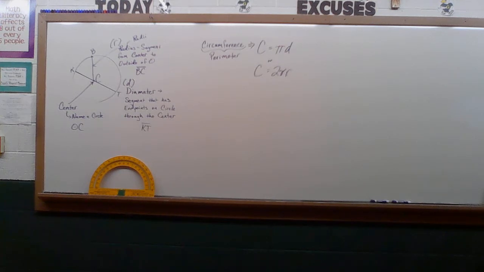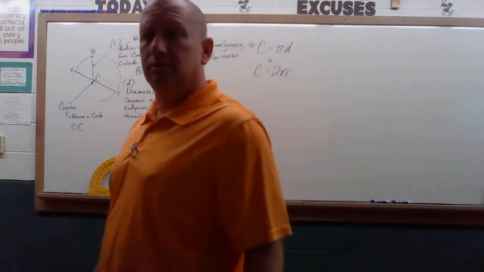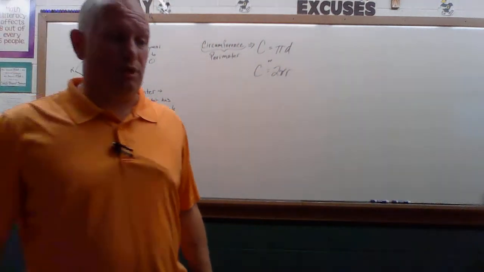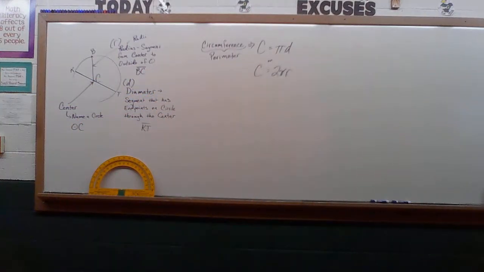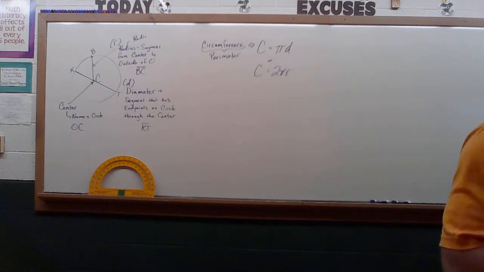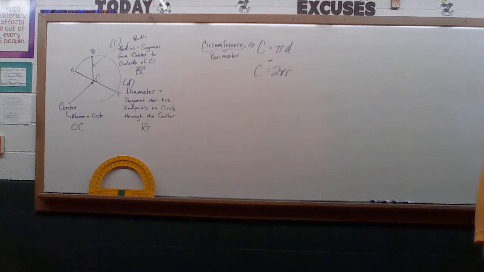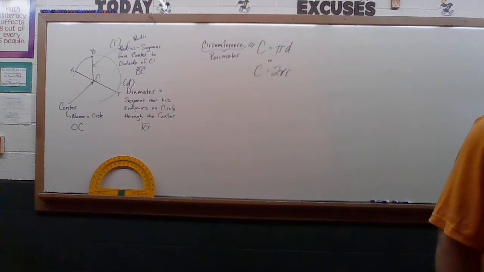Find the circumference if the diameter is 12 inches. So what am I going to punch into my calculator? Pi times 12. Most of yours you should be able to just hit 12 pi and hit equals. And that should give you your answer.